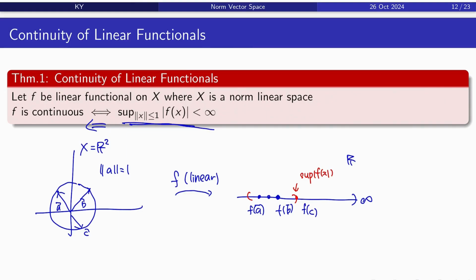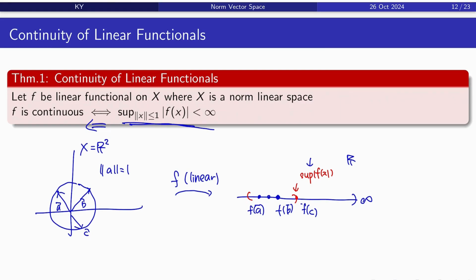Since each one of the mappings has an upper bound, the supremum is going to be bounded.